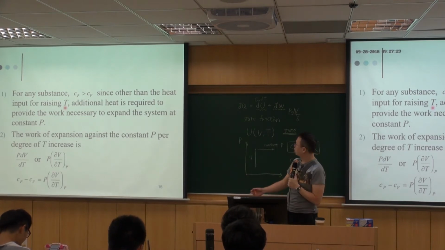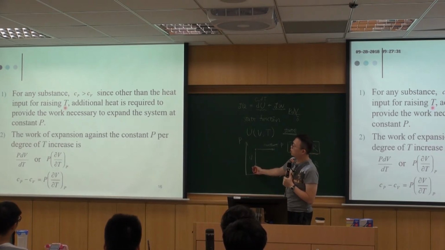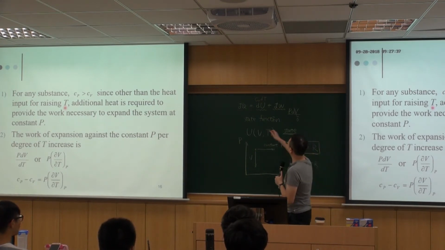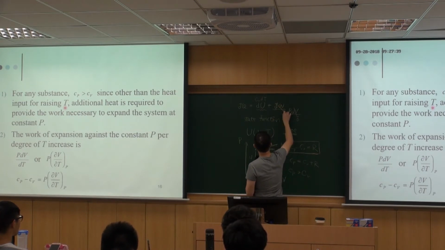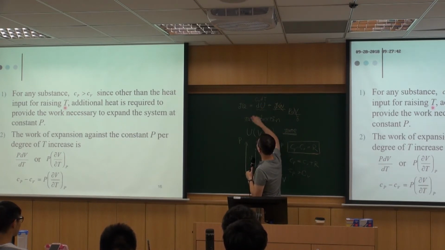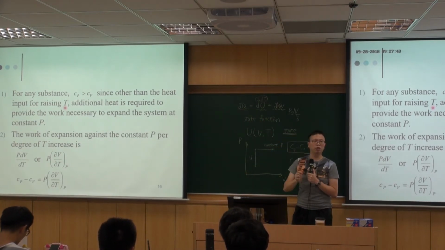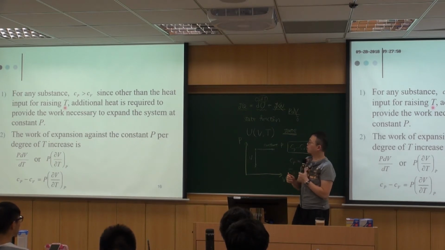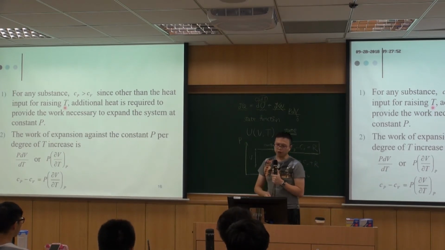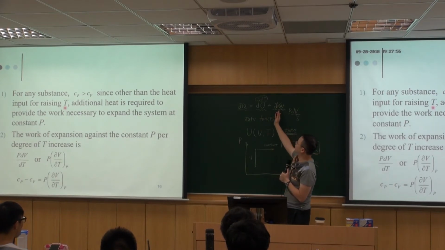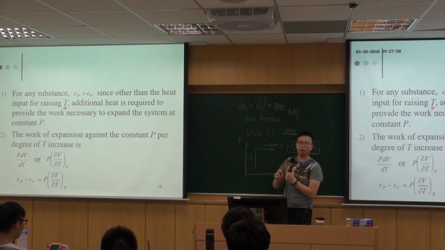Because if you're dealing with a constant volume process, you are actually just changing the internal energy of your system, right? If you keep dumping heat into the system, you're just changing the internal energy, and therefore just the temperature. But if you're dealing with a constant pressure process, you also have to consider the change of the volume.